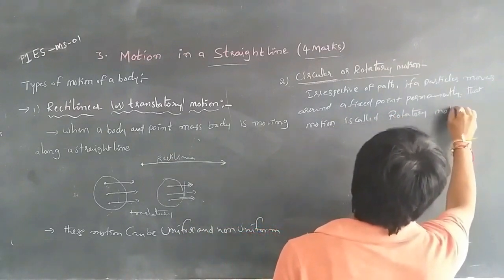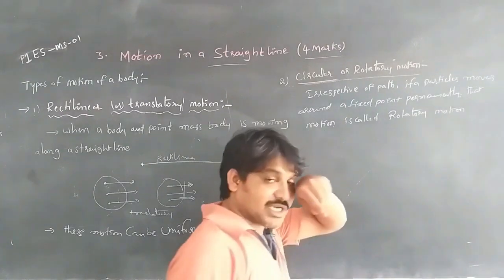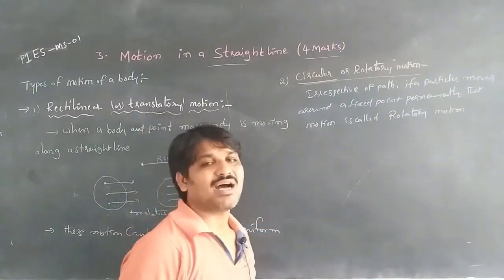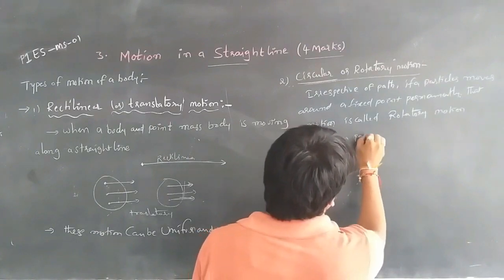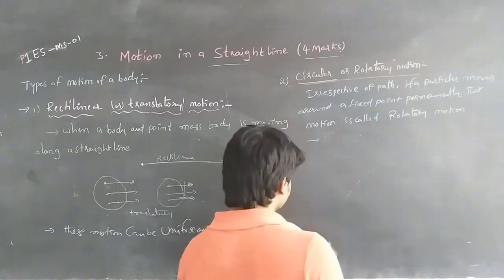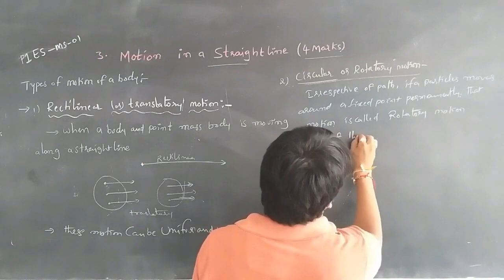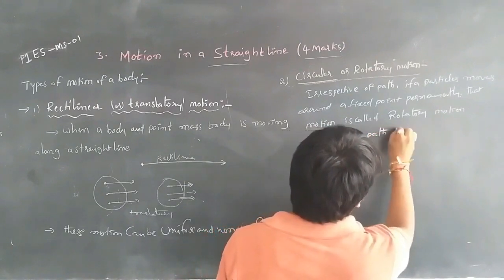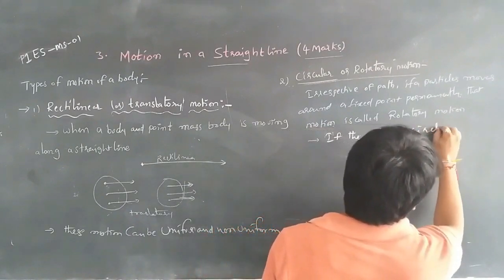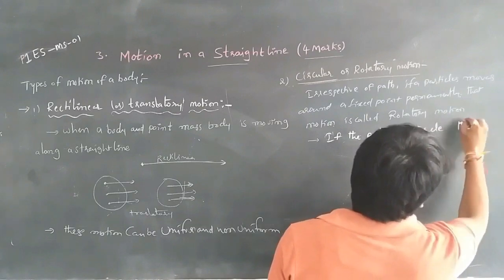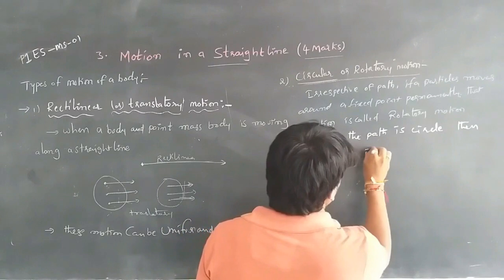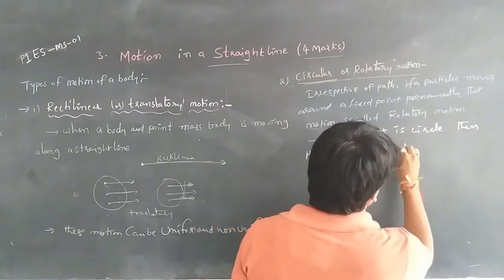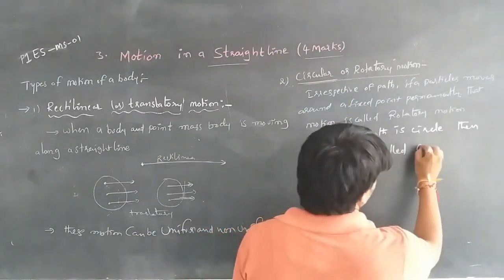And also we can say that rotatory motion will be circular when the path is a circle. If the path is a circle, then the motion is called circular motion.